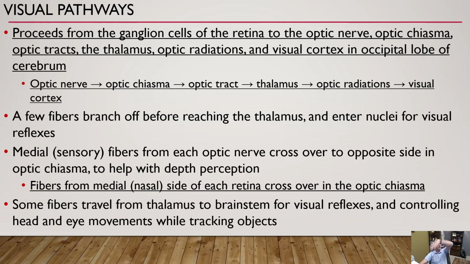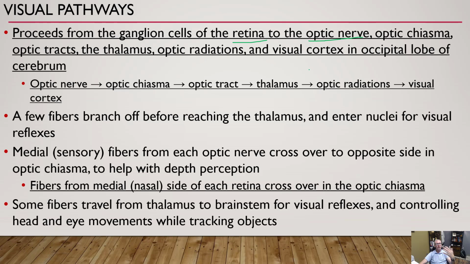Now, going back to that chart that we saw with the apple and that visual process, the integration in the central nervous system, what happens inside the central nervous system? We know that we go from the retina to the optic nerve. The optic nerve is cranial nerve number 2.